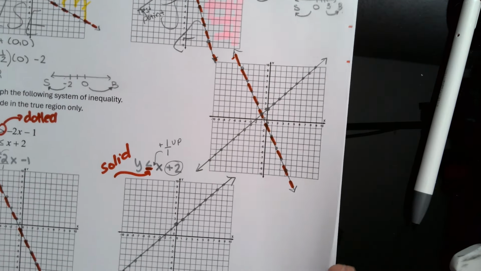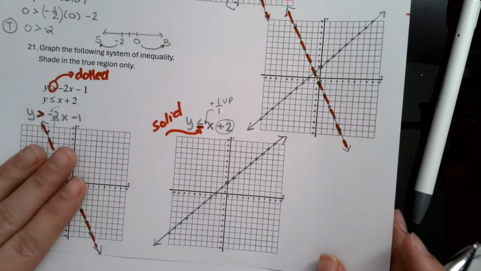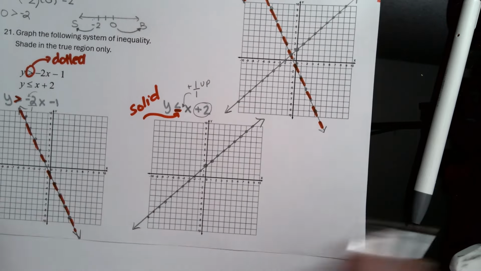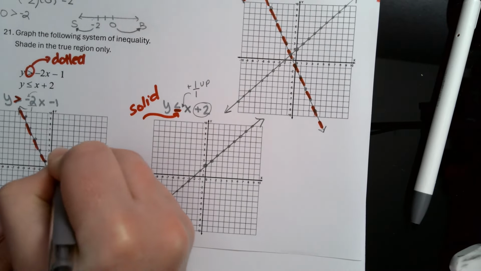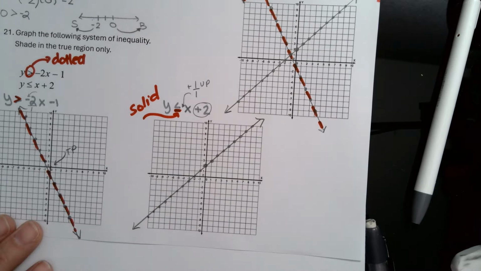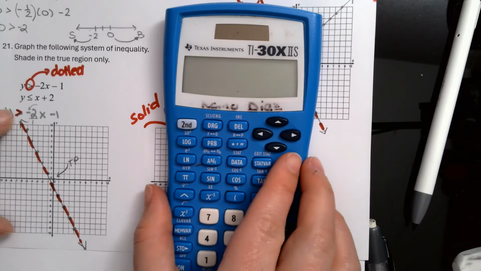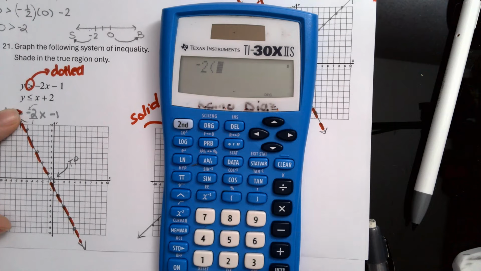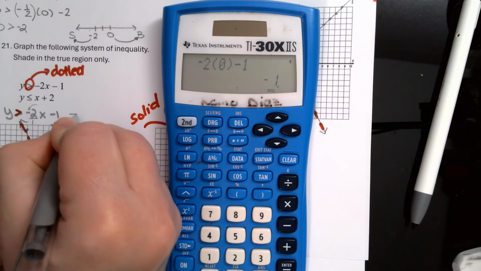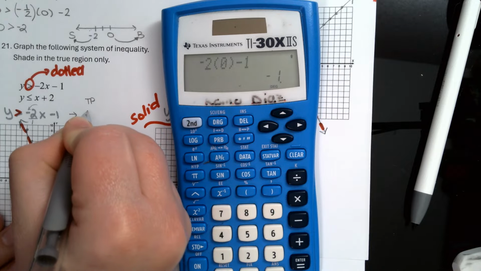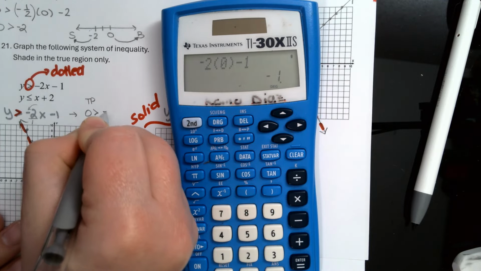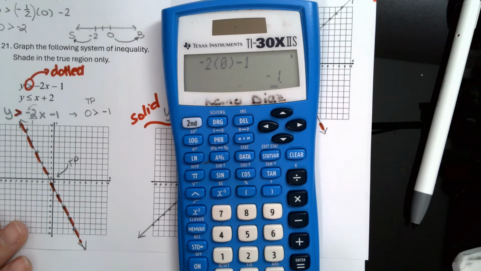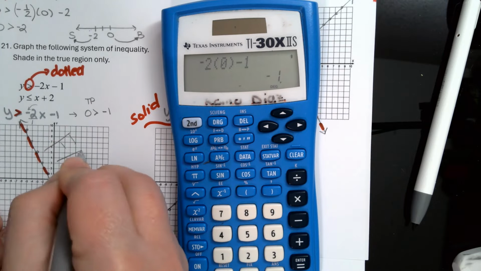Now we're going to test out our regions. Let's start with this one. Testing point is 0, 0. I'm just going to type this into our calculator: -2 times 0, -1. So our testing point is 0 greater than -1. Is 0 bigger than -1? No, this is false.